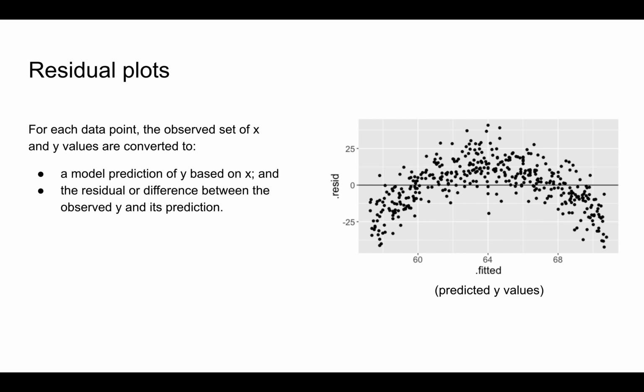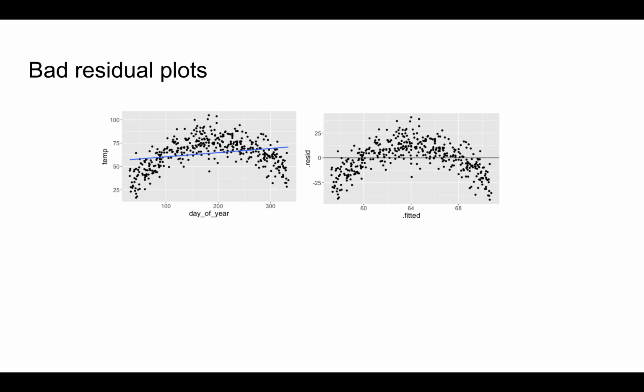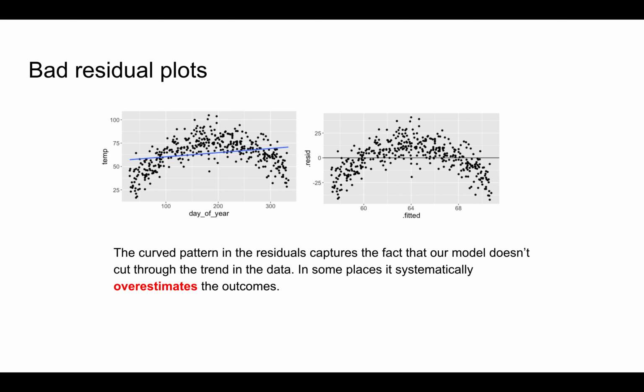Consider some examples. For our bad linear model of temperatures, notice that the curved pattern in the residuals captures the fact that our model doesn't cut through the trend in the data. Rather, at some places, mainly the beginning and the end of the year, it systematically overestimates the outcomes.